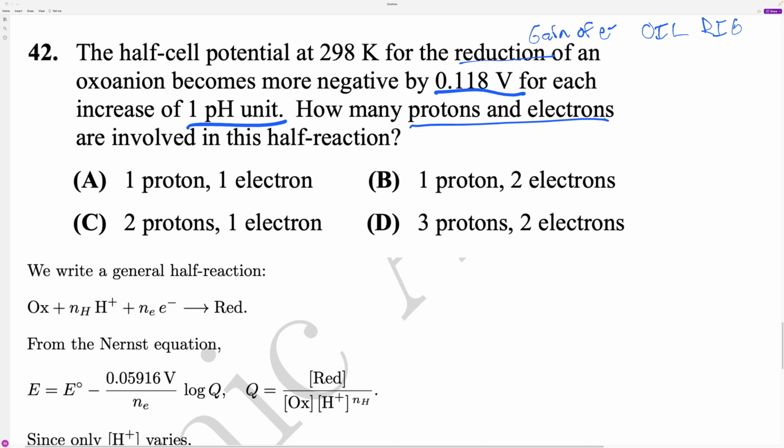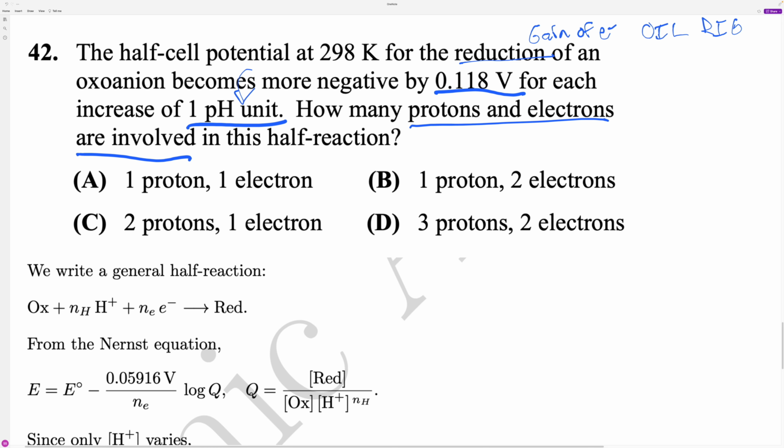And again, it asks how many protons and electrons are involved in the half reaction. So essentially we've figured out that there's an oxo anion. It's being reduced, it's gaining electrons, and it's gaining protons, because protons are H+, the same thing, because we can see an increase in pH units. And this is kind of misleading since pH is negative log H+.